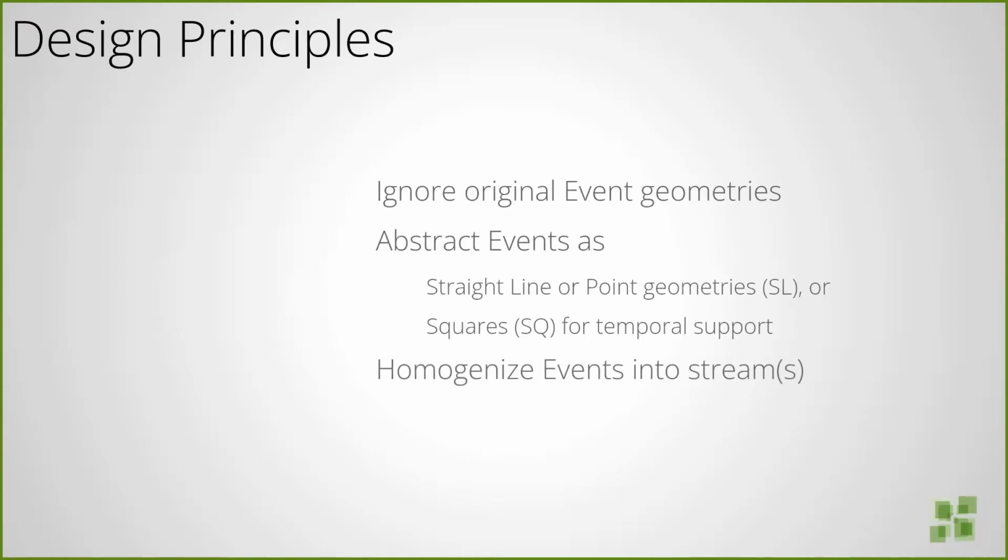And also homogenize events into a stream. So this is the guiding principle behind the building of the LRS transformers. And what is meant by homogenize? Each and every stream has the basics: on route, from measure to measure, from day to day, and the event ID, typically the object ID for that particular thing.